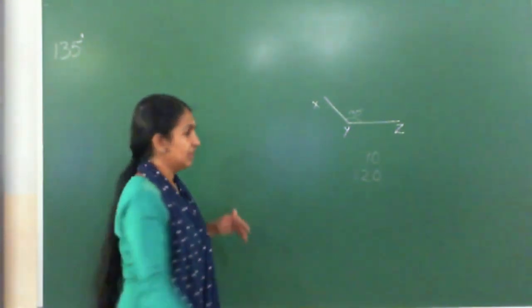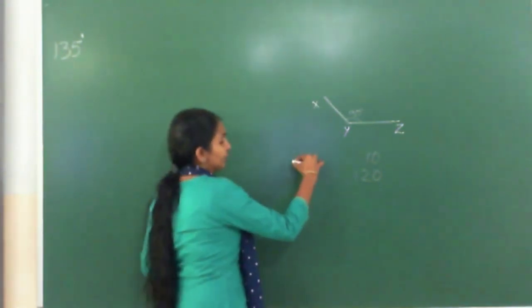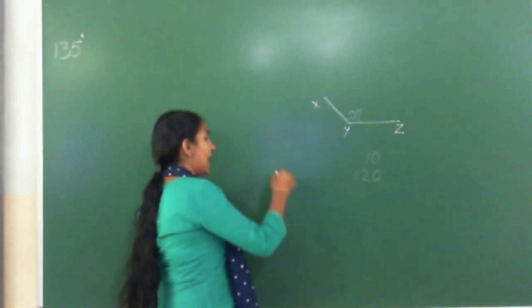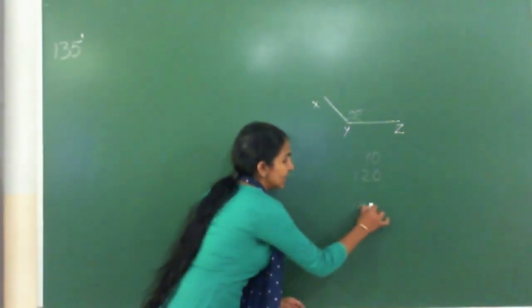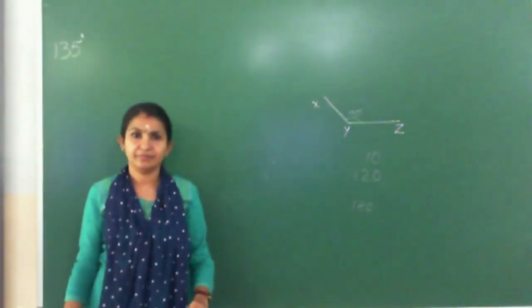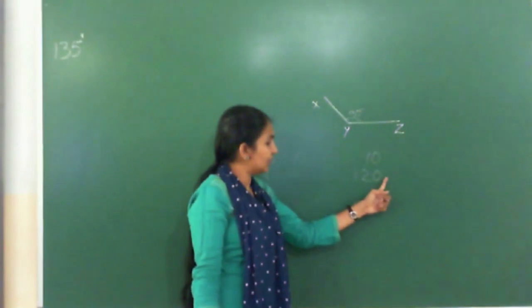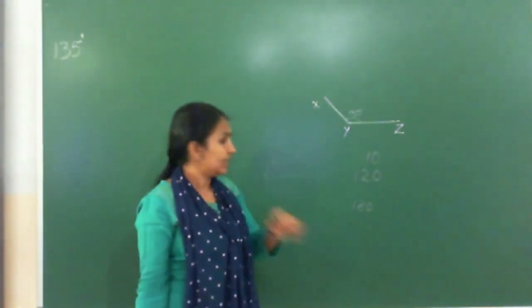It is 180. When we are constructing the 60 degree, first we get 60, the next 60 is 120 and the next 60 is coming as 180 degree. So this 135 will be in between 120 and 180.